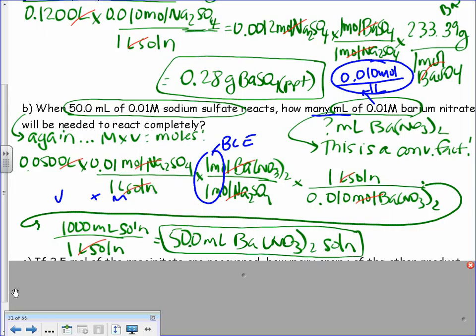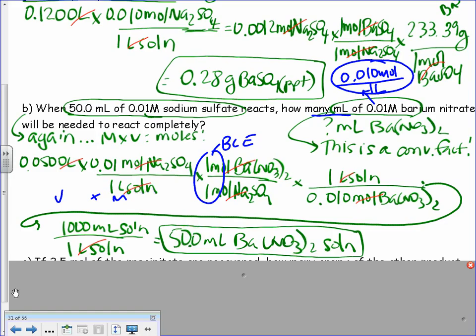This was the one we talked about yesterday. Okay, so we talked yesterday, and he said it's the same molarity for both of those solutions.